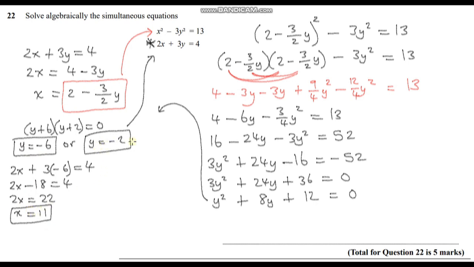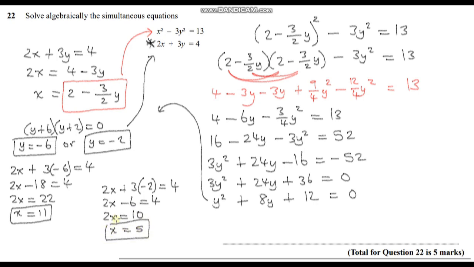Now let's do when y equals negative 2. So we're going to have 2x plus 3 times negative 2, and that equals 4. So now if we simplify, 3 times negative 2 is negative 6 equals 4. We add 6 to both sides, we get 2x is equal to 10, therefore x equals 5.